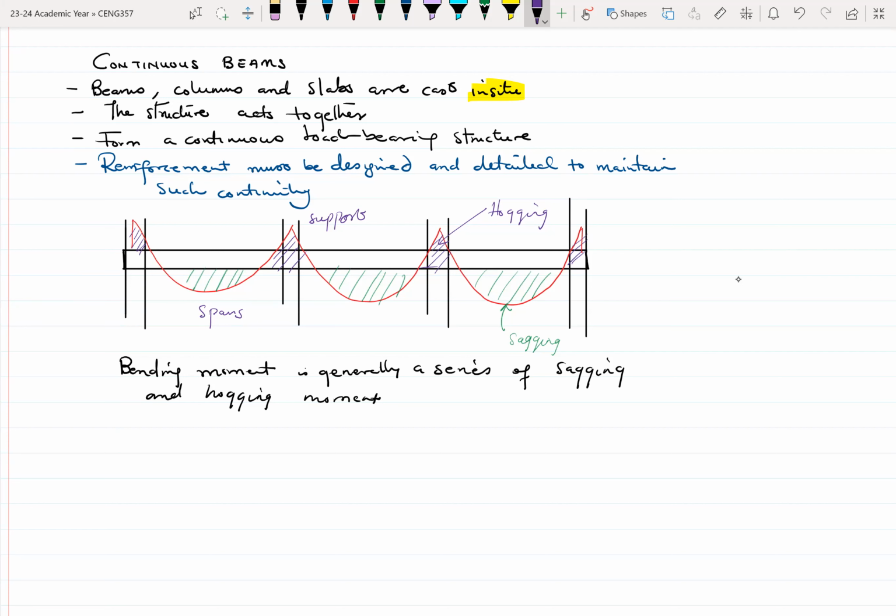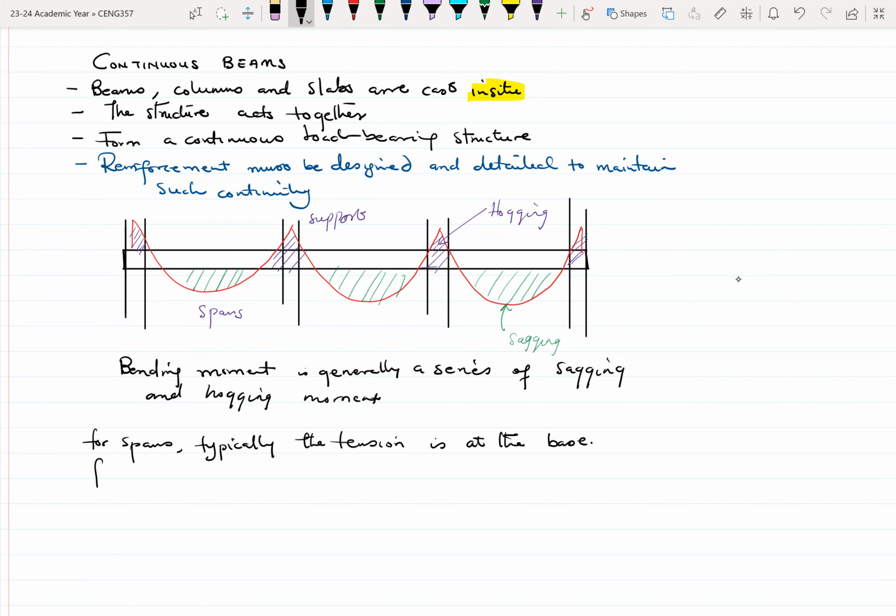Now, you would realize that if you're looking at the spans, typically the tension zone is at the base.